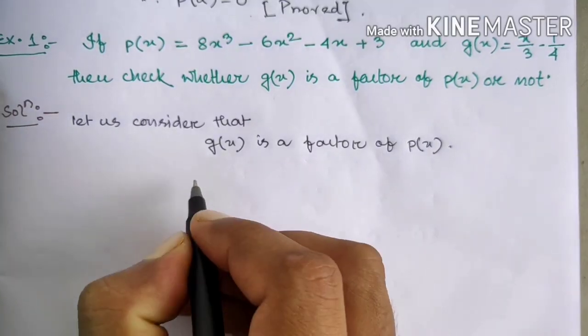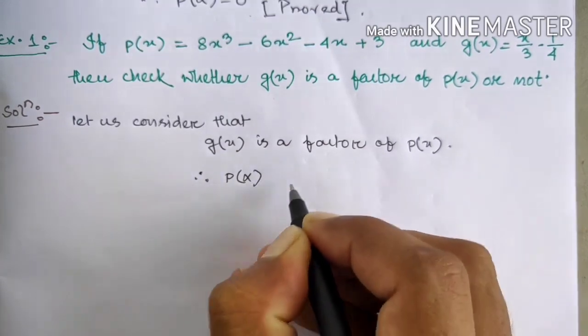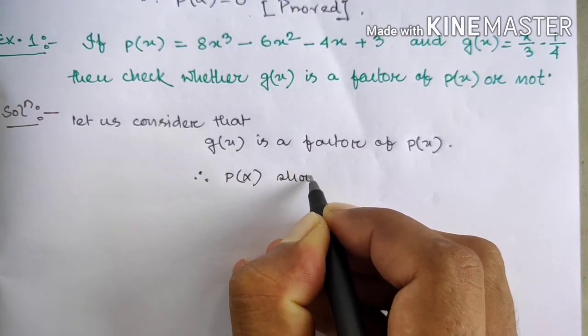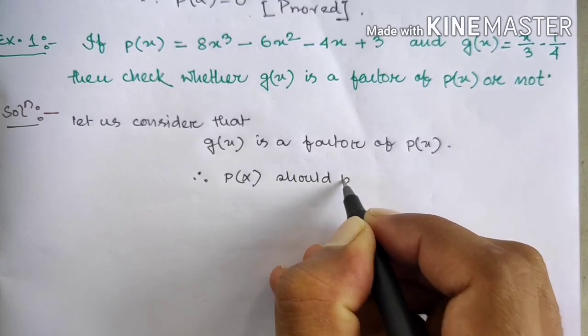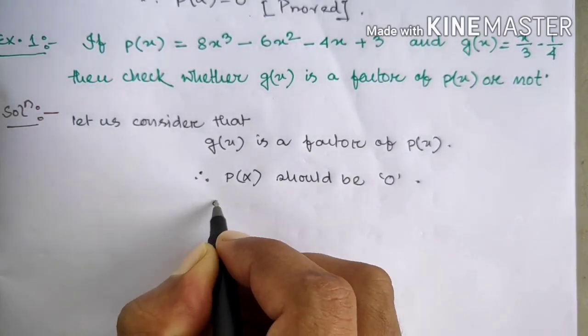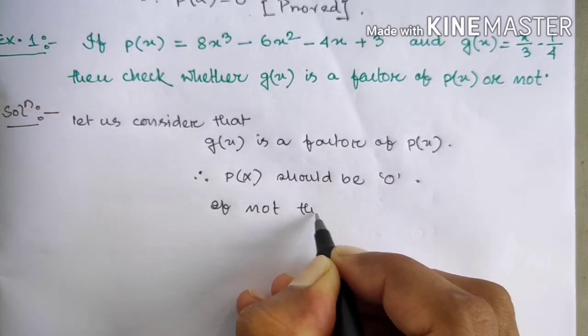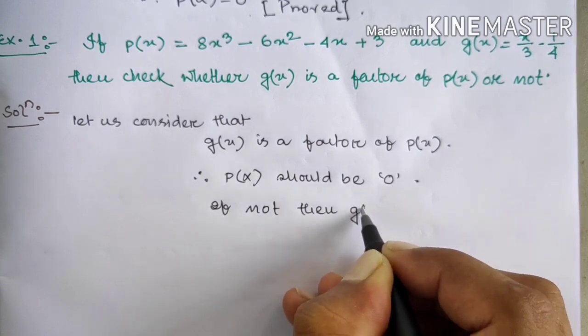Therefore p of alpha should be 0. If not, then g of x is not a factor of p of x.